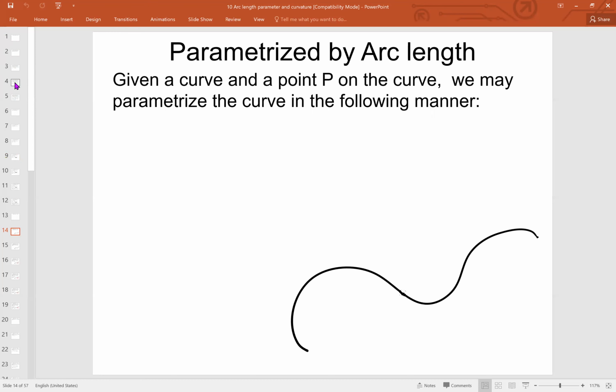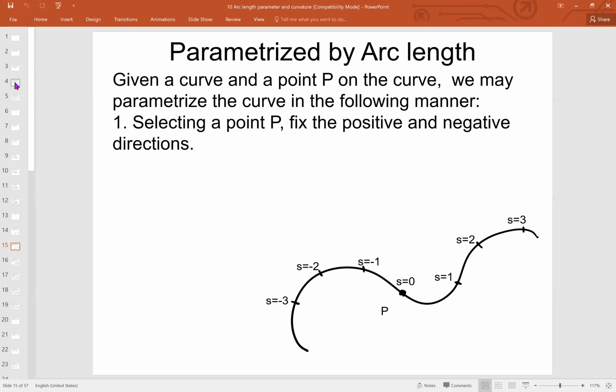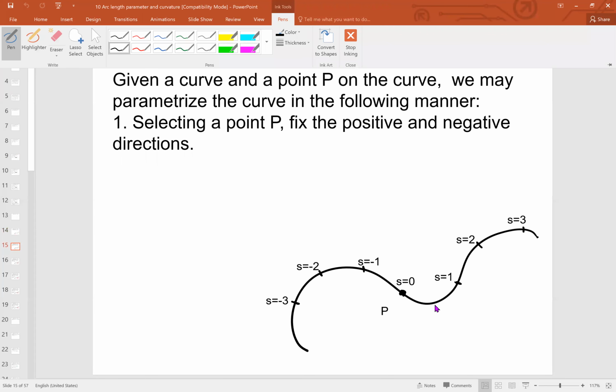Now, there is one way we parameterize a curve that is very important. That is, we start at a point P. First of all, to parameterize a curve, it depends on a couple of things. First of all, you have to choose the direction, which is the positive direction and which is the negative direction. And we parameterize by arc length, meaning that we set the formula for any given time equal to, we're going to call the variable s.